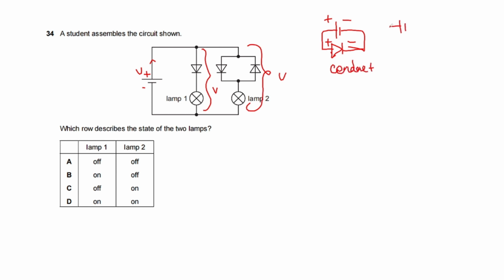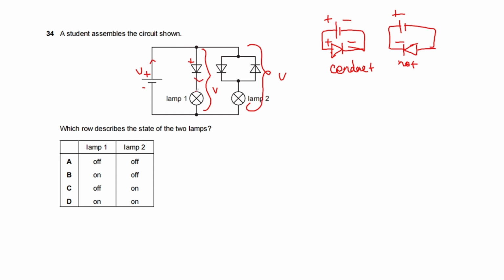But if it is reversely connected, where the positive is connected to the negative of the diode, it will not conduct. So for this diode, the positive and the positive are directly connected, which means it will conduct.